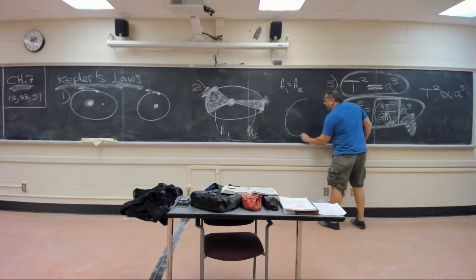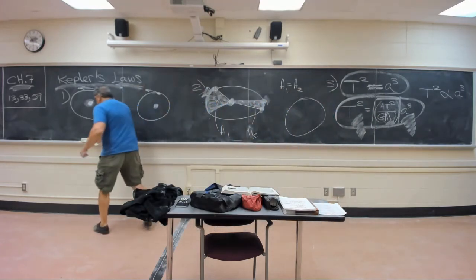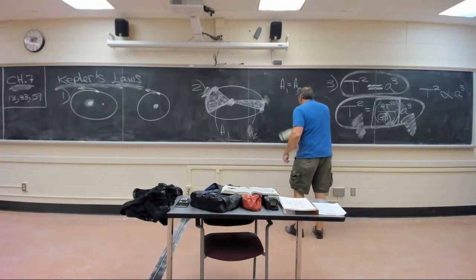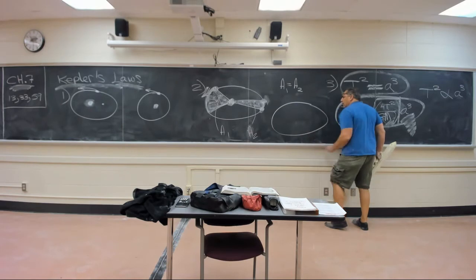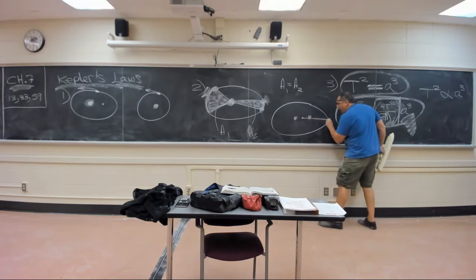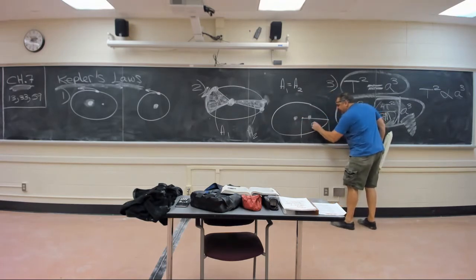What is the semi-major axis? Here's a focus. Here's a focus. From between the two foci all the way to the edge, the long way right here, that's the semi-major axis.